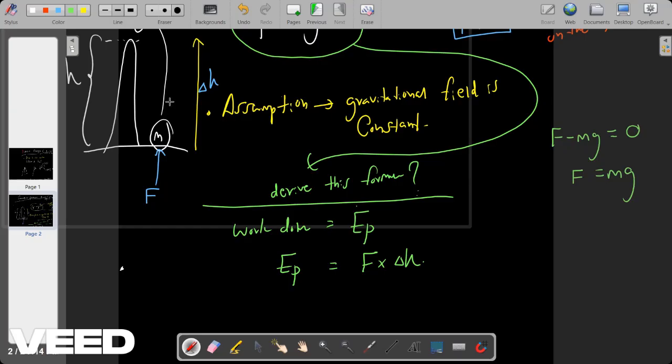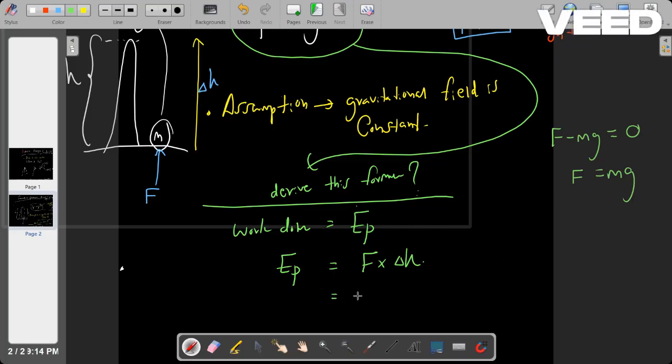And since it moved at constant velocity, we can apply the first law of Newton: when an object is in equilibrium, the forces are balanced. So F equals mg. So mg delta H.